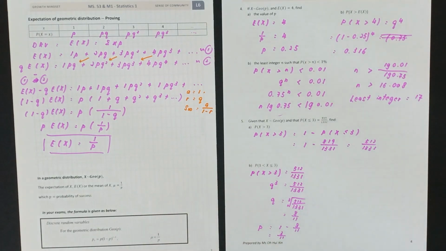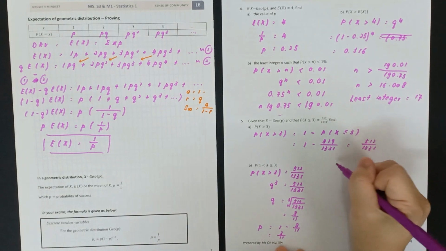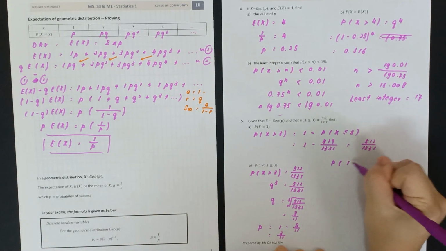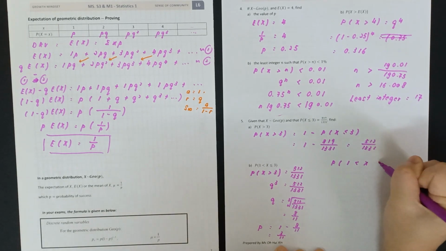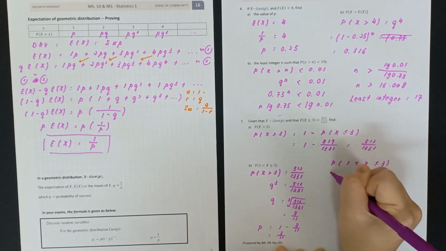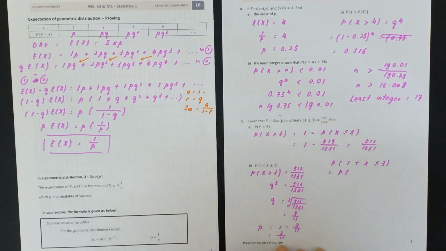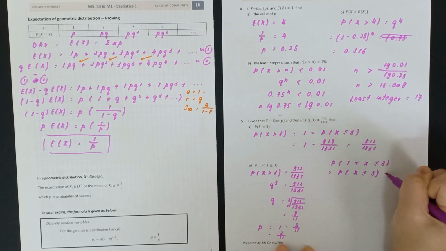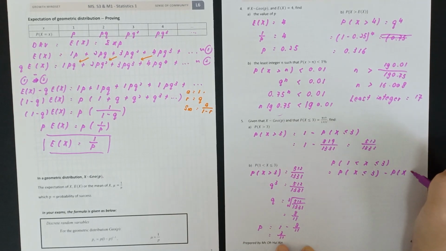Alright, then after that you can move on. You can use two ways, depending on which one you like to use. So this is the first way. Since I want to find 2 and 3, I'm going to use P(X smaller or equal to 3) minus P(X equals 1).